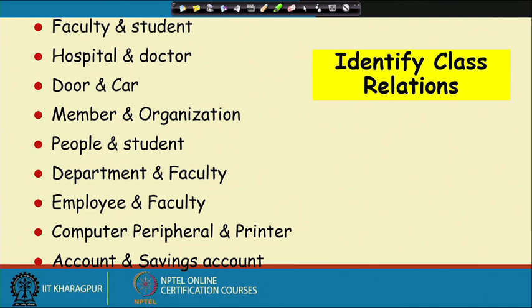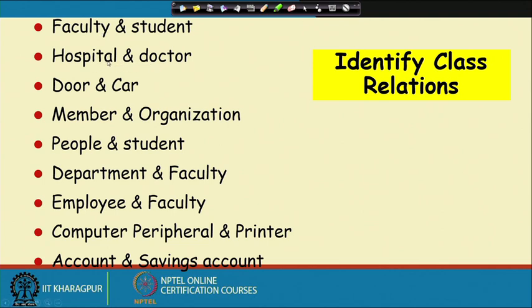What are the classes here? The first one, the classes are faculty and student, but what is the relation? A faculty teaches many students, a student is taught by many faculties. Similarly, what is the relation between a hospital and a doctor?